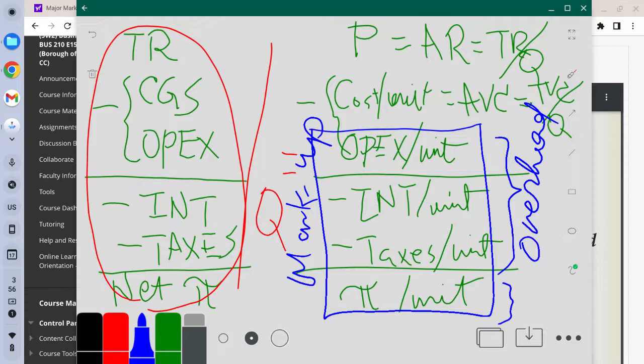You make 1,000 units and sell 1,000 units, or make 10,000 units and sell 10,000 units, right? So it's aggregate concept. But if you divide it by quantity, then it's per unit concept.